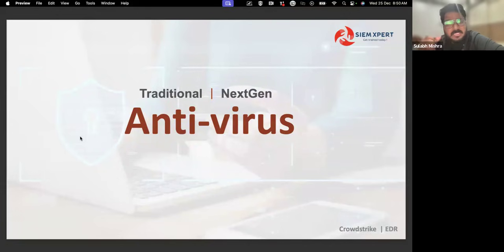You can only scan the machine, and you cannot even delete the files on your own, right? You can just scan it. If it finds malware, then it will delete the file or quarantine the file. But if you want to delete any file or investigate any file, you can't do it with the antivirus.